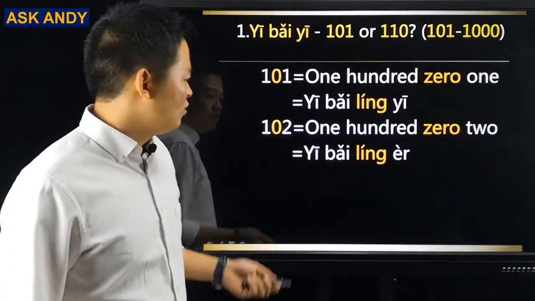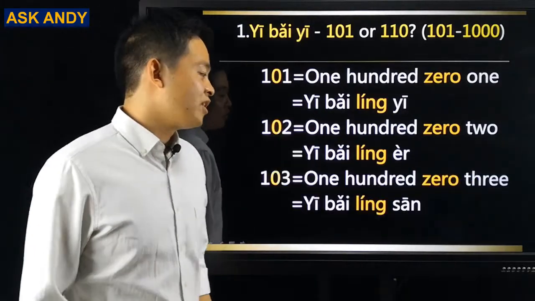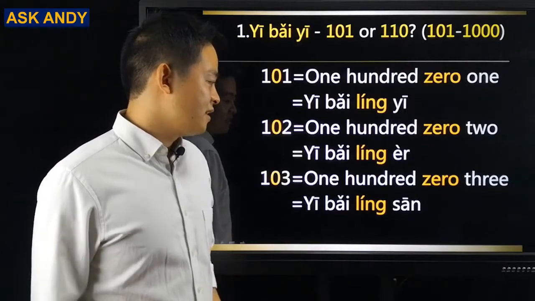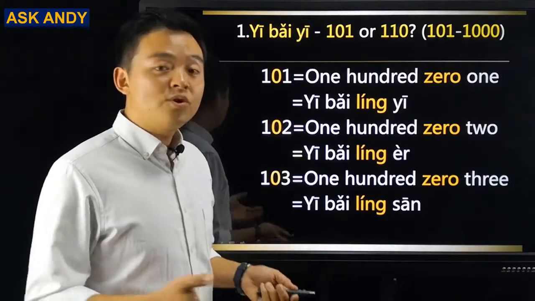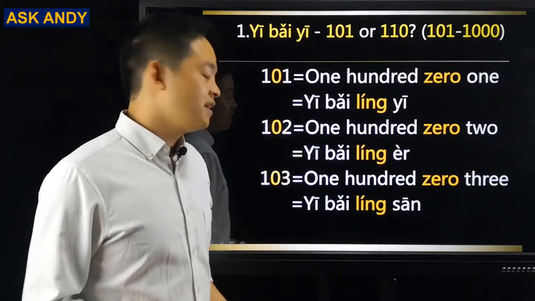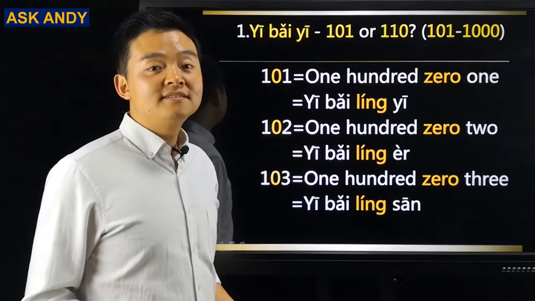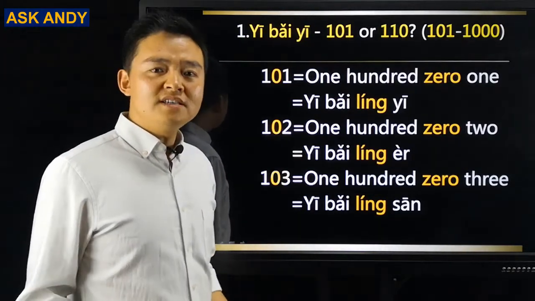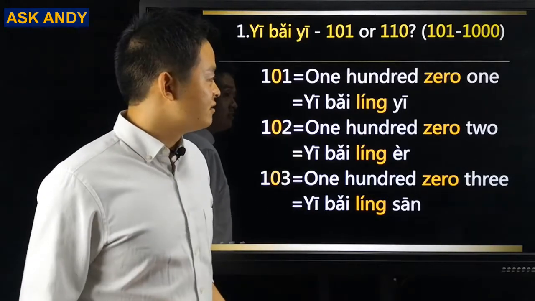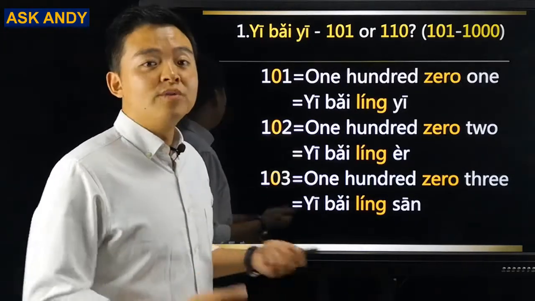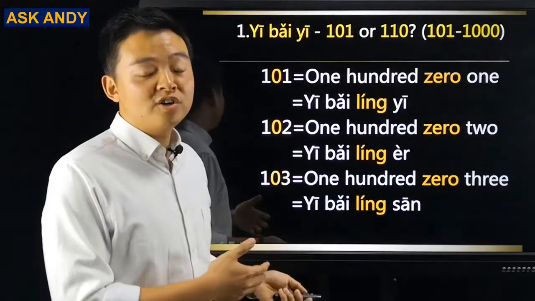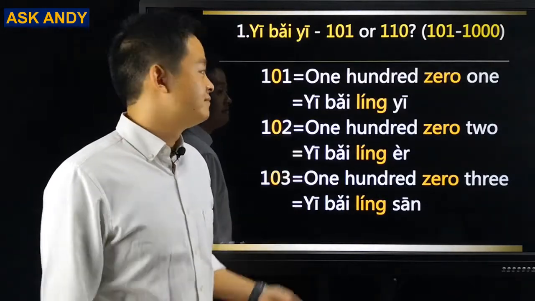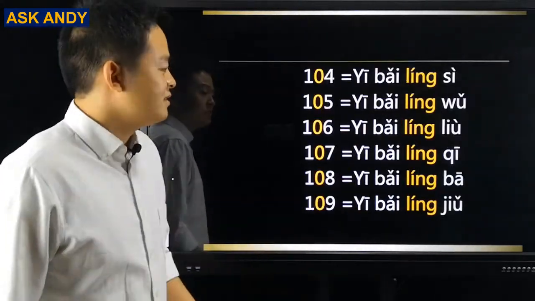And then what about 103? That is 103. So it's easy, right? We just read the 0 and the whole thing, make that into 100 something. Let's move on.